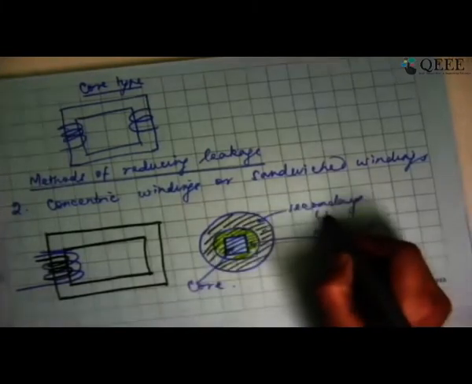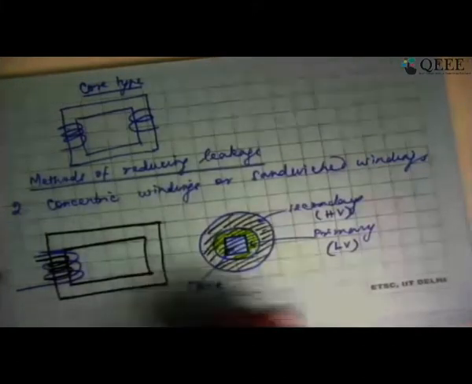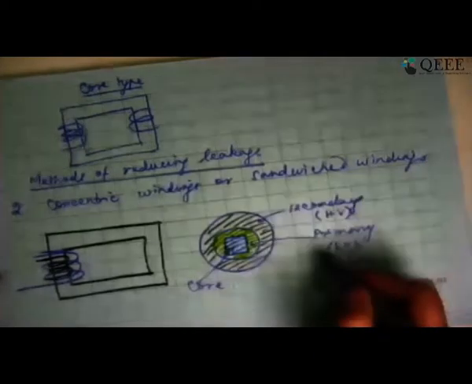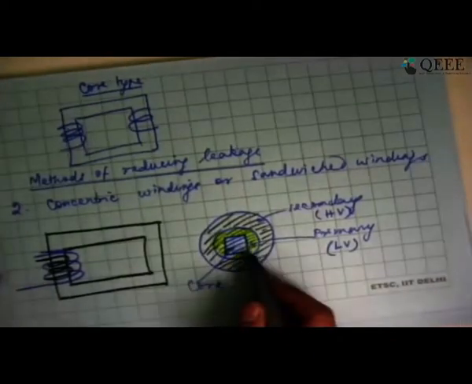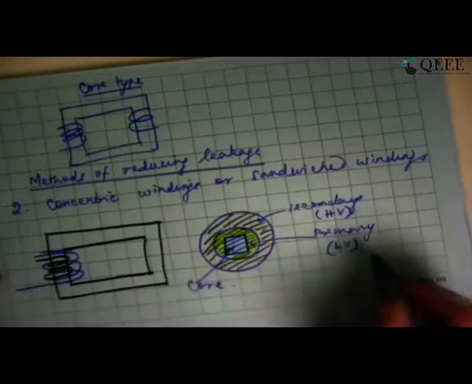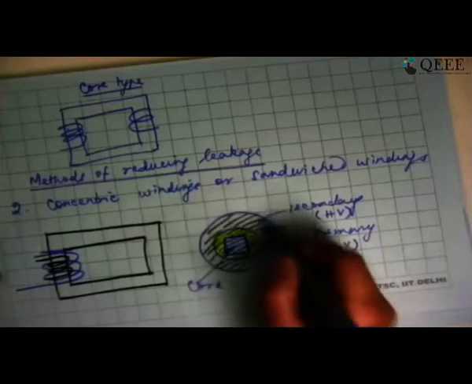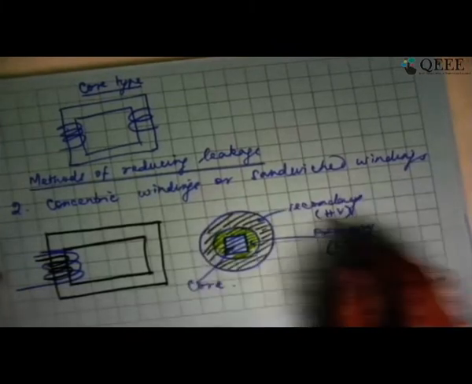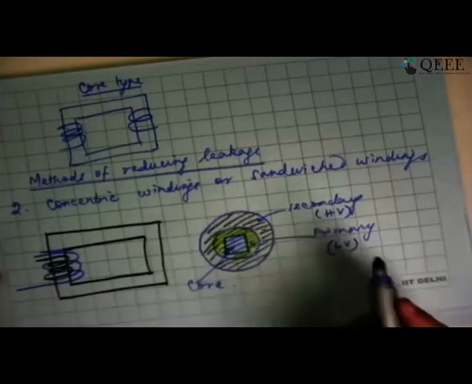Whereas if this is high voltage winding, anyway the circle is becoming bigger. So naturally thicker winding, it will be easier for you to wind it outside rather than the inside. So normally high voltage winding will be put on the outside concentric circle, and low voltage winding will be in the inward concentric circle.